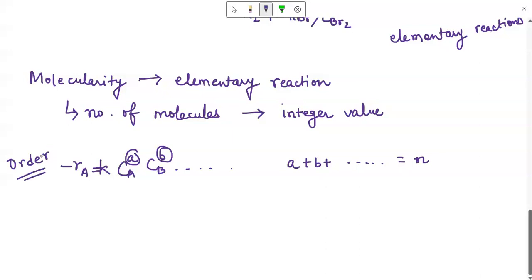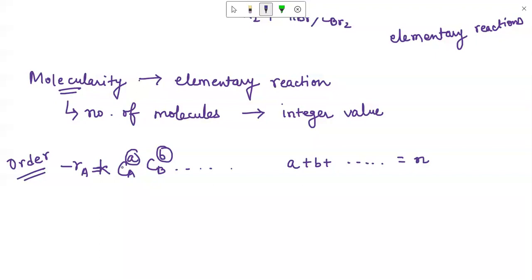So do not confuse between these two. Molecularity is just the number of molecules that are involved in an elementary reaction, but the order works for all cases, be it elementary or non-elementary reactions, and it is basically the powers to which we raise the concentration terms to understand the rate of progress of the reaction.